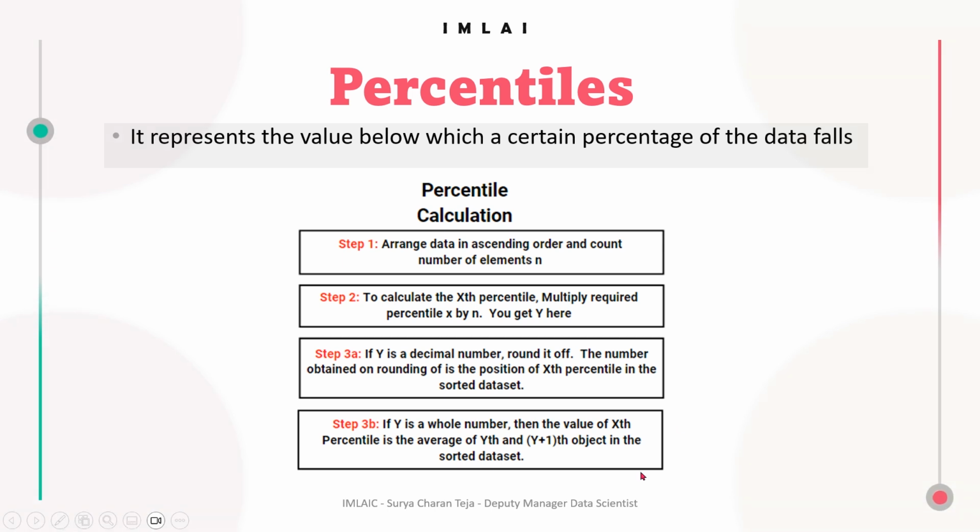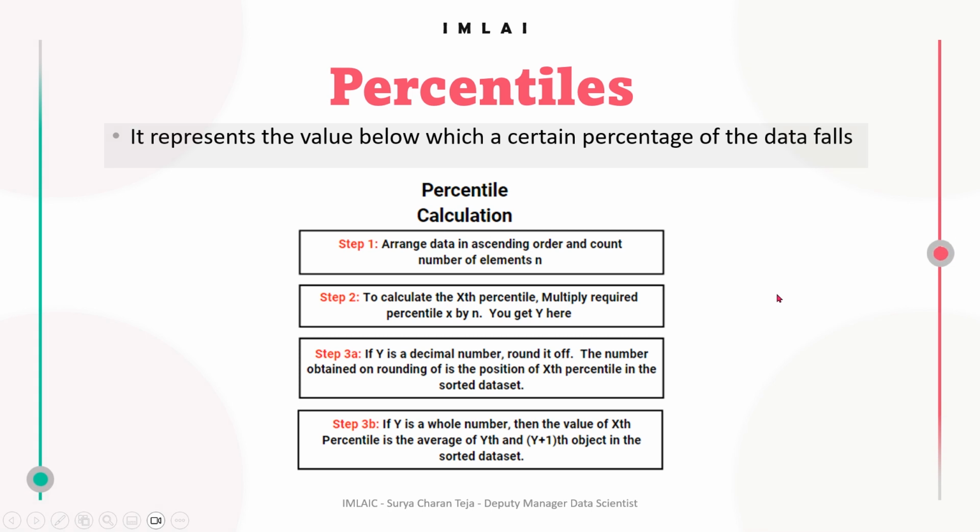If y is a decimal number, round it off. The number obtained on rounding off is the position of the xth percentile in the sorted data set. If y is a whole number, then the value of the xth percentile is the average of the yth and (y+1)th objects in the sorted data set. This is how we manually calculate the percentile.